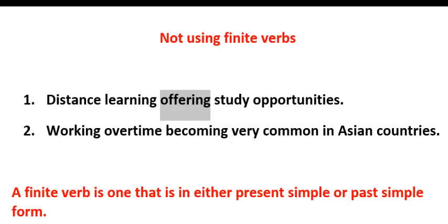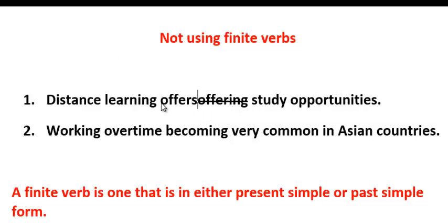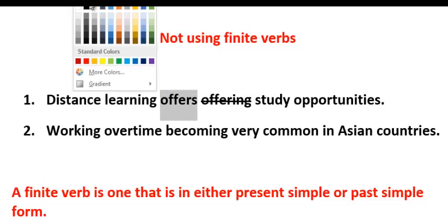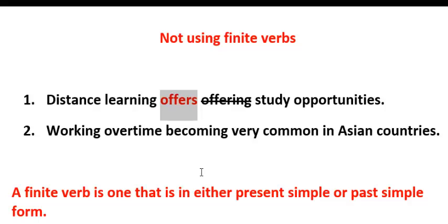We have to change this into present simple or past simple. So we have to think about the meaning of our sentence. Here I'm trying to make a general point, and therefore I'm far more likely to use present simple. So to change offering into present simple, all I have to do is type offers. And remember, I need to make my verb agree with my subject.